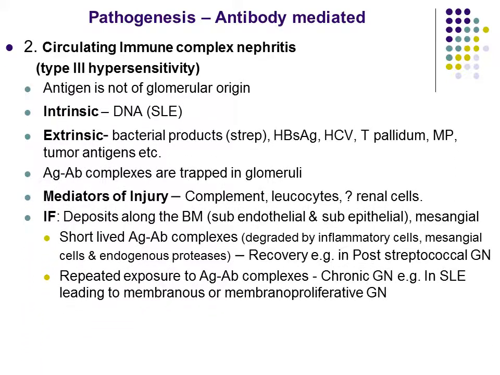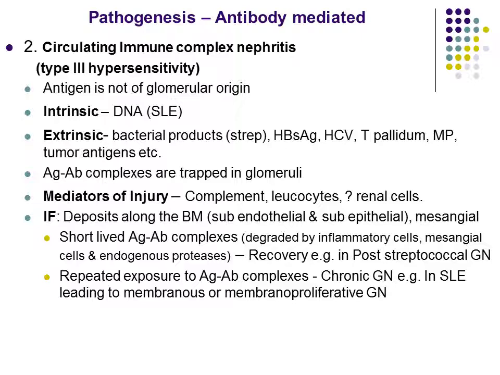Circulating immune complex nephritis: you have learned this kind of example in general pathology under hypersensitivity. This is type 3 hypersensitivity. Here the antigen is not of glomerular origin.